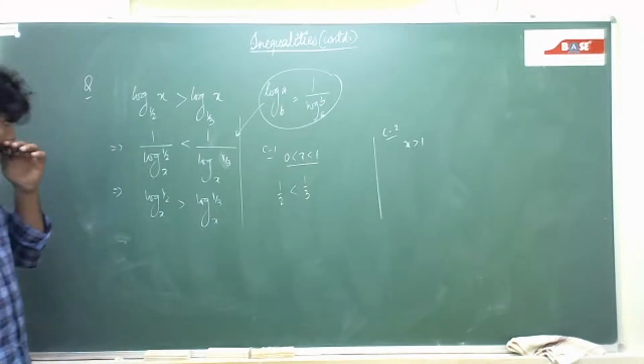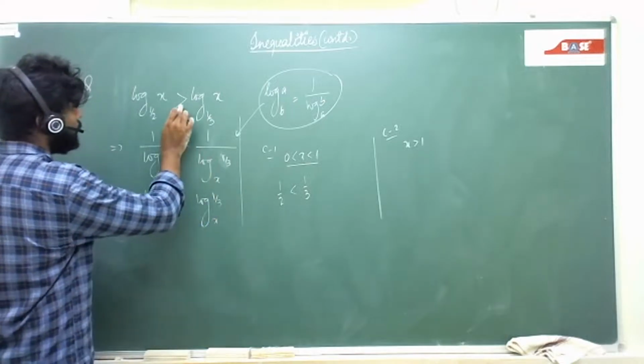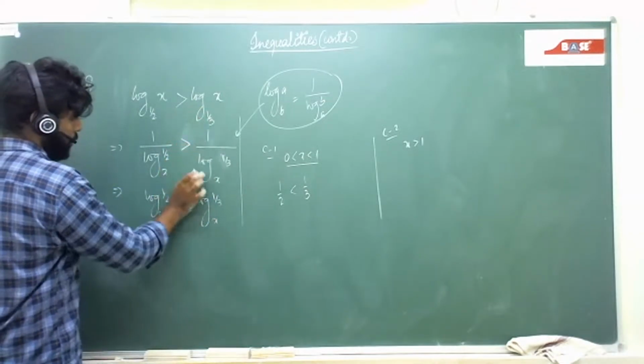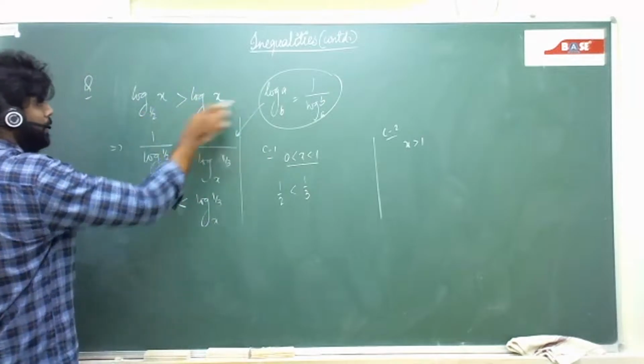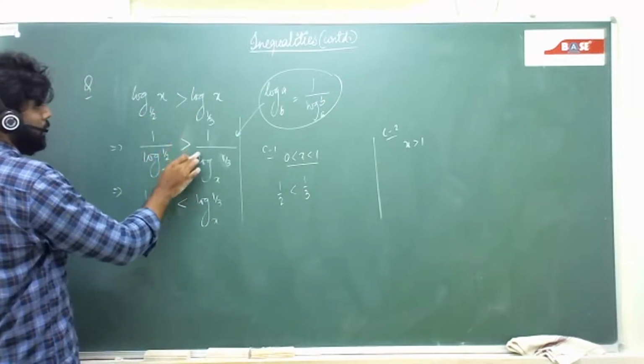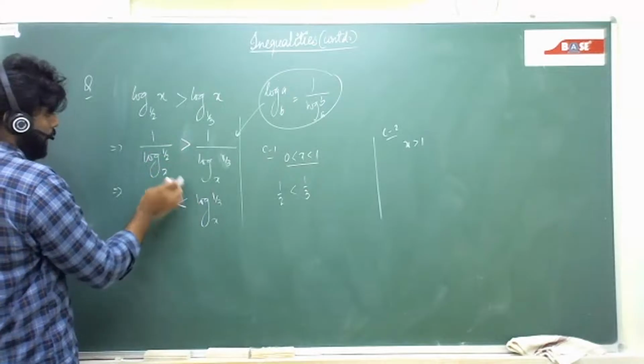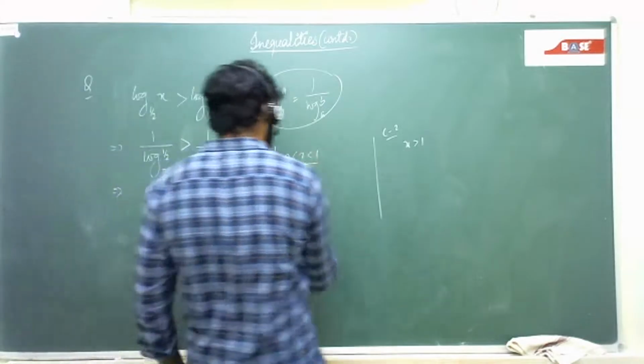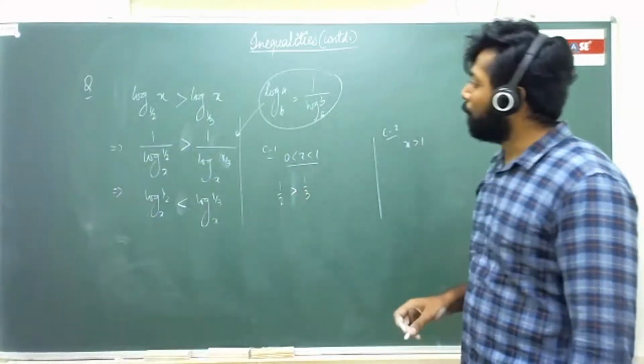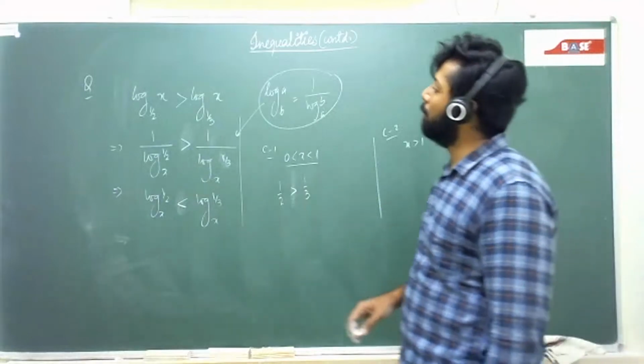I hope all the cases are clear. Okay, we did one thing wrong. Just applied this property. So it is that. So inequality sign now it will change. So in that case, half is more than 1 by 3.